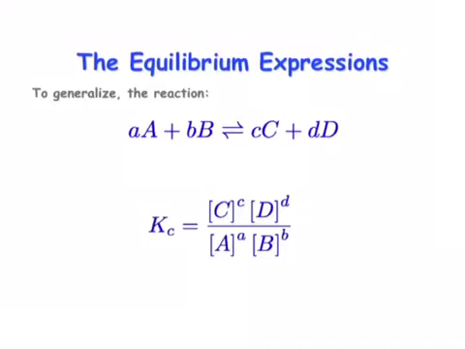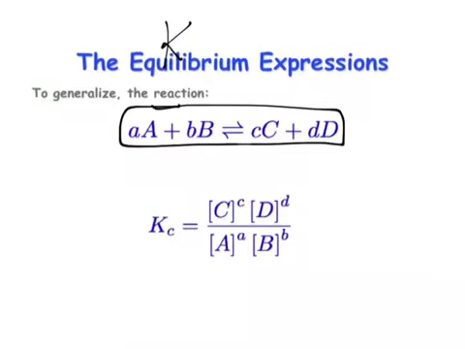So what we need to do, and these things have values. The equilibrium expression is called K. What we do is we take our equation. All right, I have reactants A, B, it makes products C and D. Once I take that, I always put products over reactants.